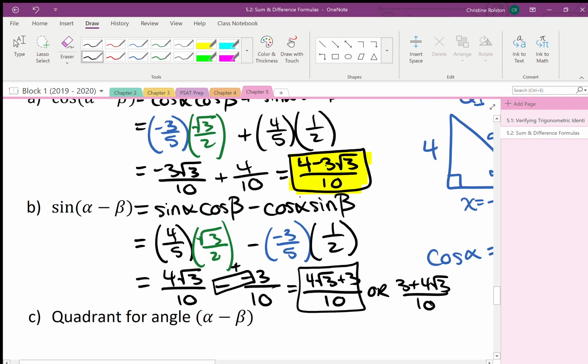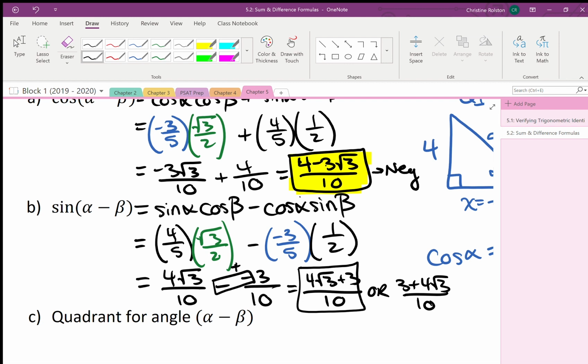Now, when it comes to figuring out the quadrant, I know it's not as easy as it was before because you're like, well, I have radicals. If you want to figure out what they are, just plug it into your calculator. Okay? So when we do 4 minus 3 square root of 3 divided by 10, you're going to get a negative number. Now, when we do 4 square root of 3 plus 3, obviously it's a positive plus another positive.